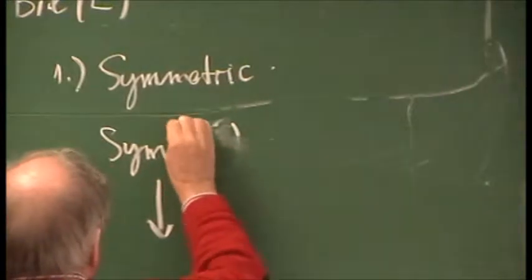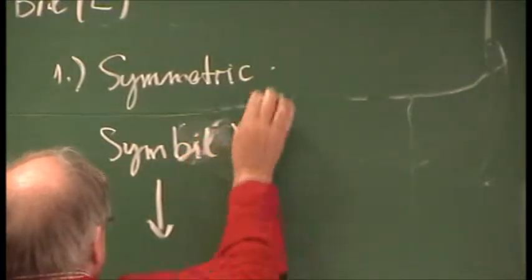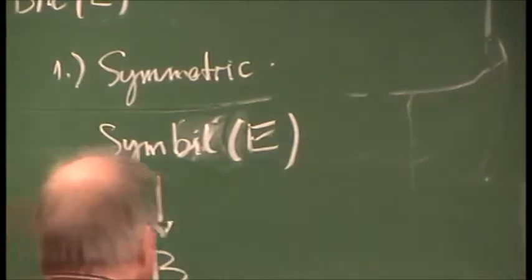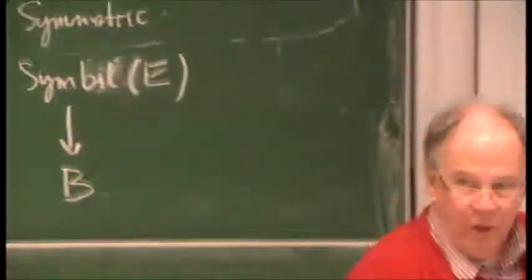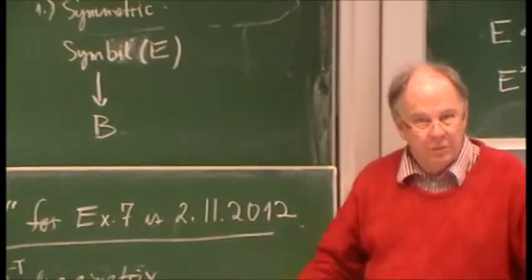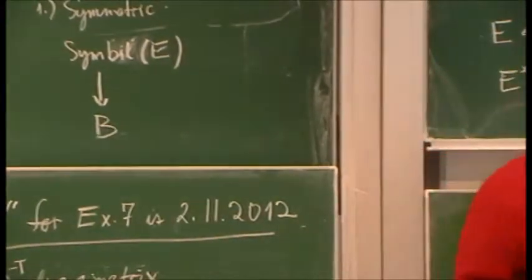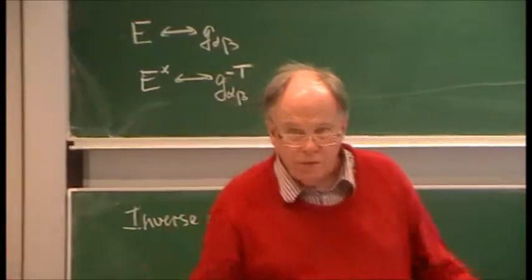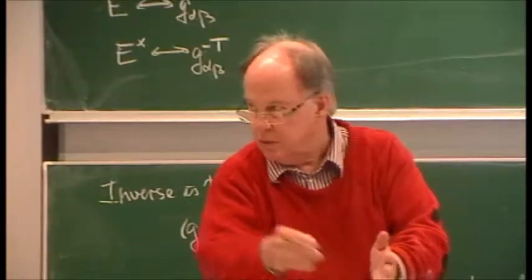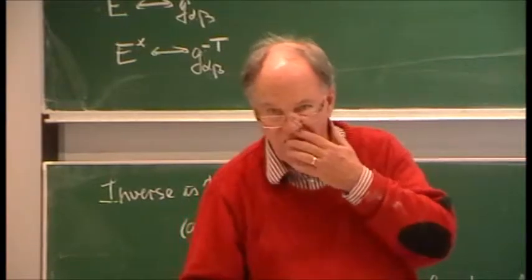Let me write it. Sym bilinear form is a vector bundle over the base. Right? If you like, it's a subbundle of the bilinear forms, because a symmetric bilinear form in a vector space is a subspace of all the bilinear forms.